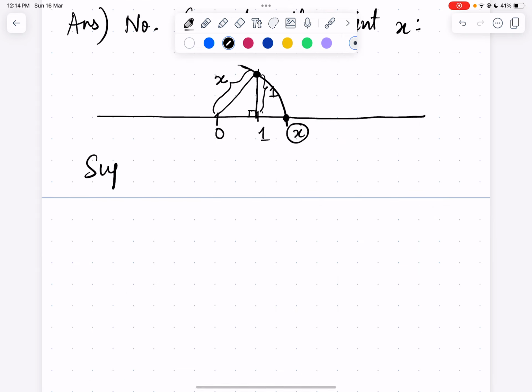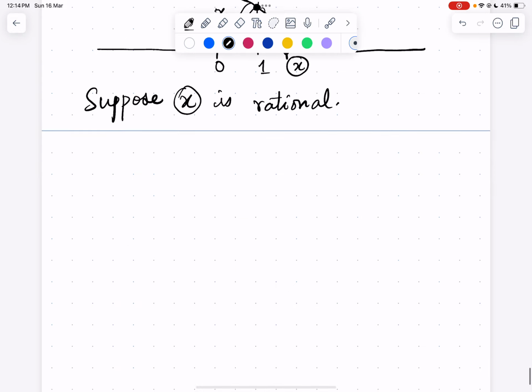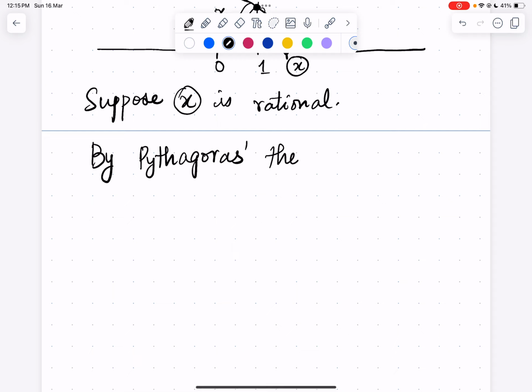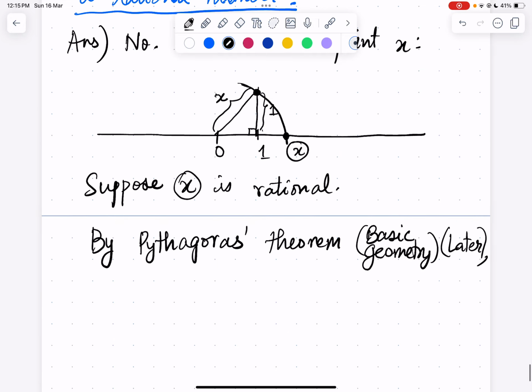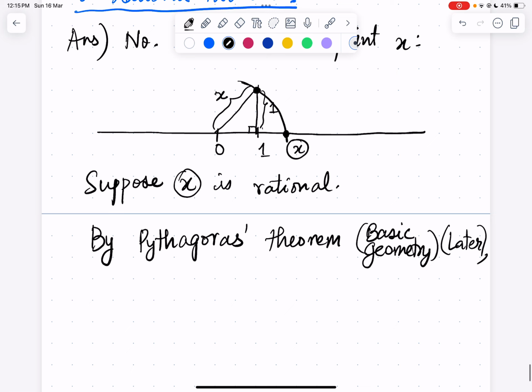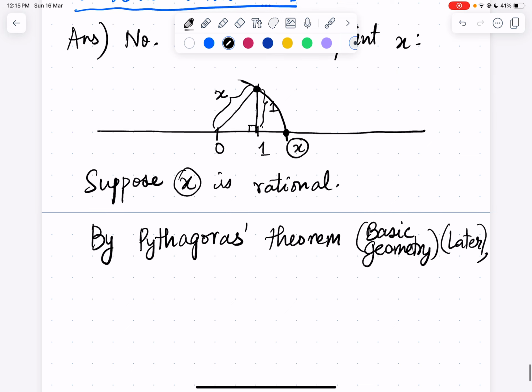Now suppose x is rational. By Pythagoras' theorem, which we'll discuss later, suppose this point x is rational. That is, the hypotenuse of this right angle triangle is rational.